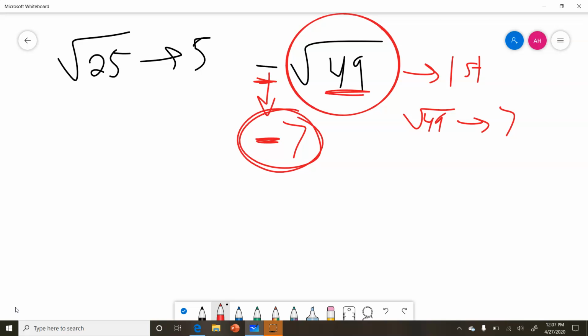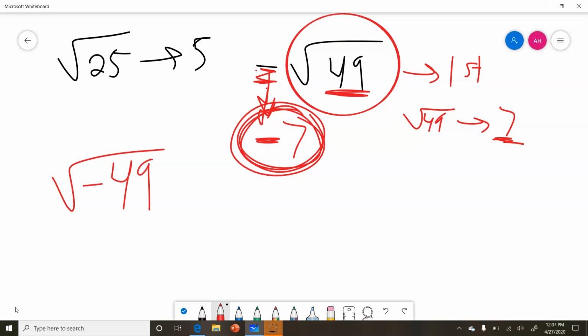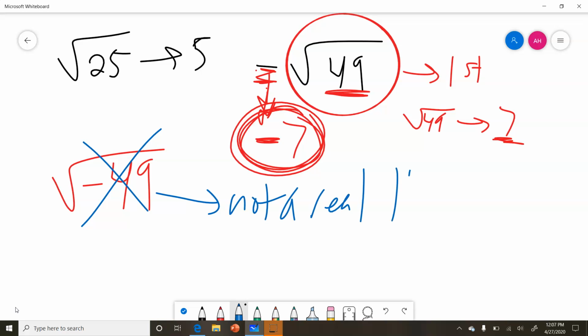Do you see we did what was in here first, which was positive 7, but then we had this negative sign on the outside, and so it got dropped down for our final answer to be negative 7. Now, one number that is not real is if we have the square root of negative 49. This right here is not possible. That's called not a real number. Okay, does that make sense? Why? Think about this. What times what, if we have any two numbers, would equal negative 49?